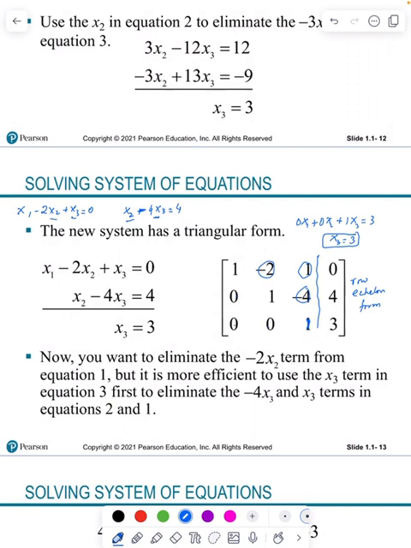But now we can use this to make the quantities in the third column 0. We can use this third row, and to make the quantity in the first row and the second column, this -2, 0, we can use the 1 in the second row. So we can go in this order, that first we use this, then we use this to make everything else 0. But if we jump to the third row first and use that to make these two quantities 0, it will reduce our amount of work. So that's what we are going to do first.